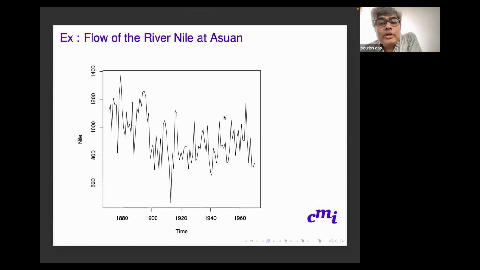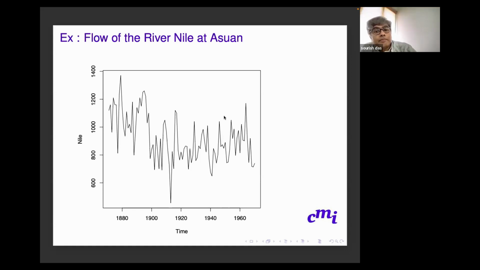This is a very popular data set called flow of river Nile at Aswan in Egypt. Aswan is somewhere in the south of Egypt, and the river Nile flows from south to north.